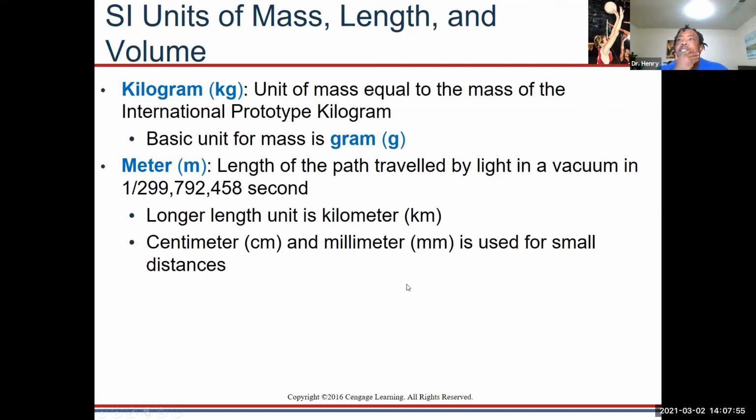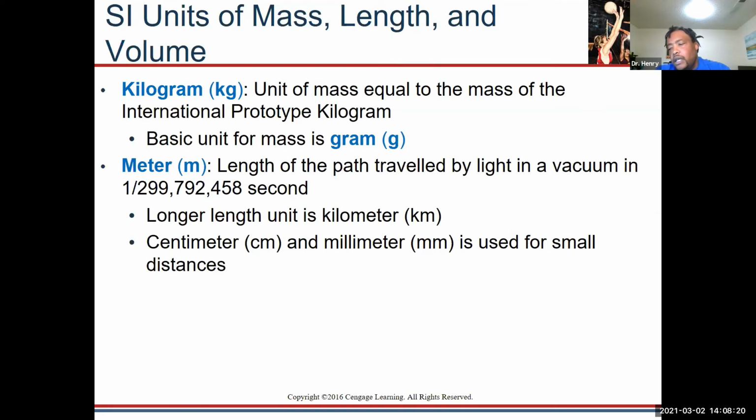Usually, if we're talking about small distances, we're going to be using centimeters or millimeters. Or if we're talking about really, really small distances, then we're going to be talking about nanometers. Like when we talk about wavelength and stuff like that, sometimes we're going to be using nanometers.